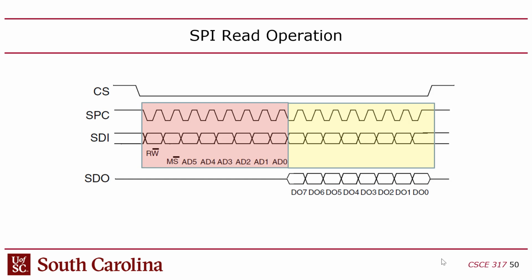You'll notice that CS is low for 2 exchanges, or 16 clock cycles, 16 slots. You'll also notice that the clock is not shown as a square wave. It has this angled look, which is actually more accurate, because you think of a clock as binary, but it's really an analog signal.